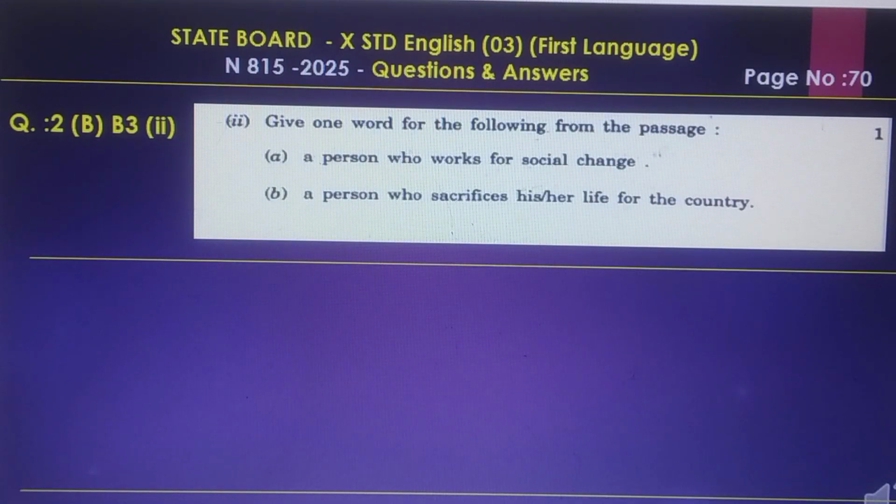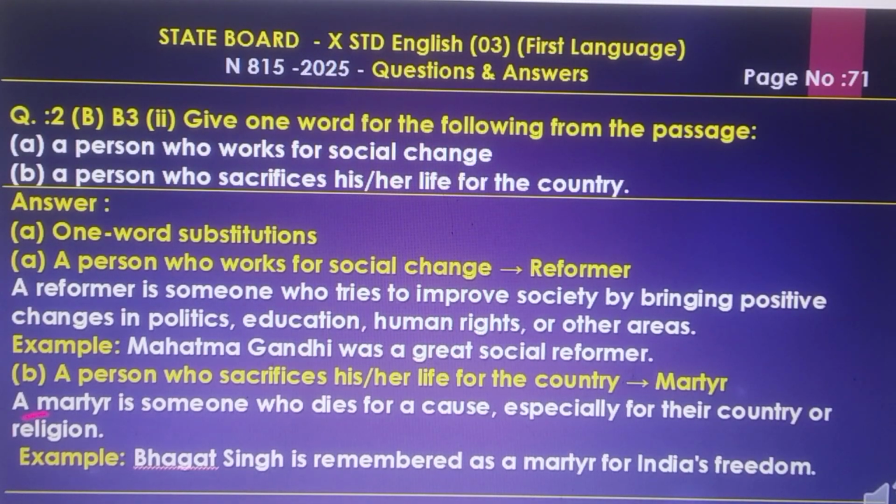Question number 2B3: give one word for the following from the passage. A: a person who works for social change. B: a person who sacrifices his or her life for the country. The answer is one-word substitution. A: a person who works for social change is a reformer. A reformer is someone who tries to improve society by bringing positive changes in politics, education, human rights or other areas.